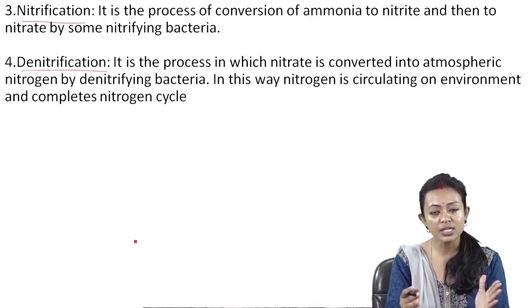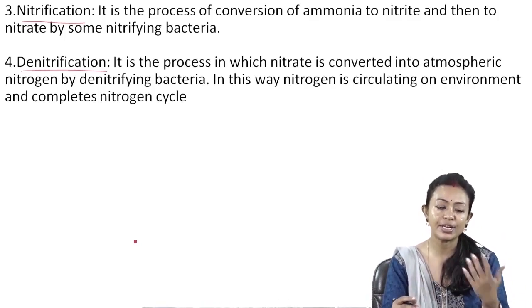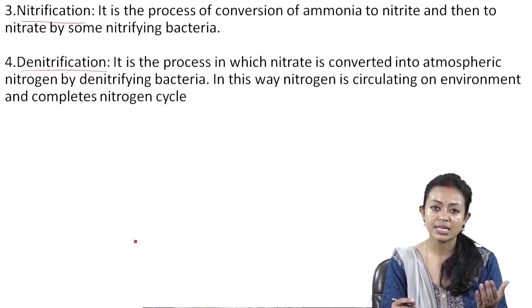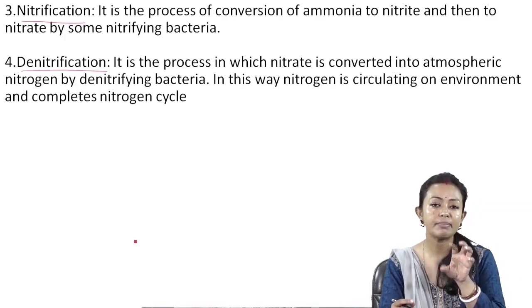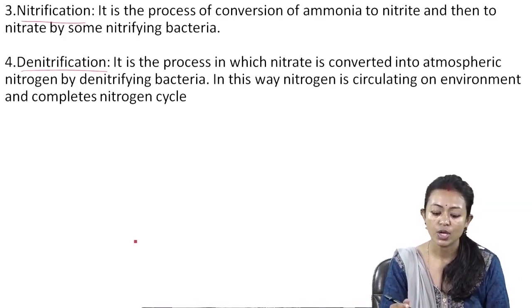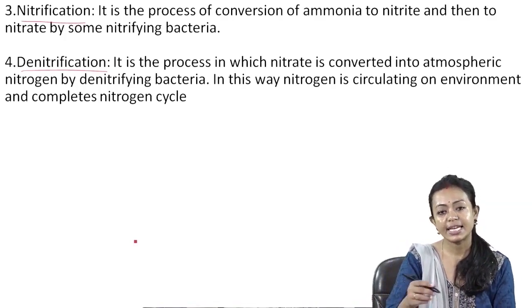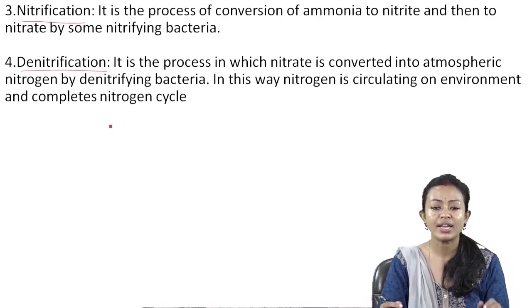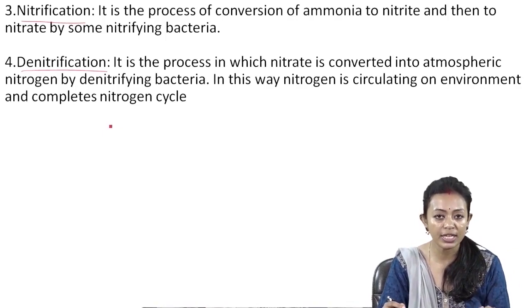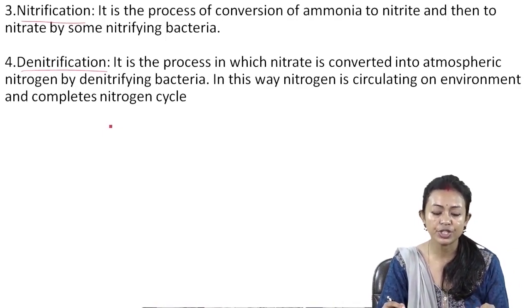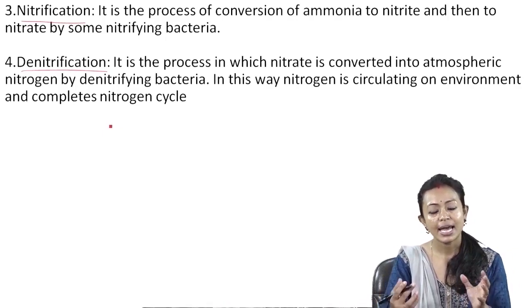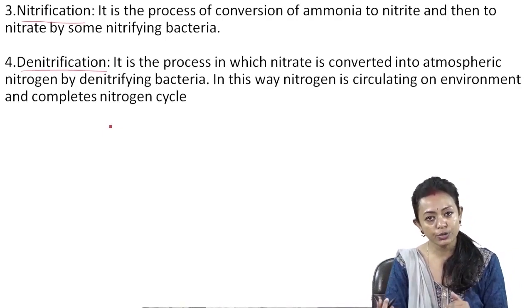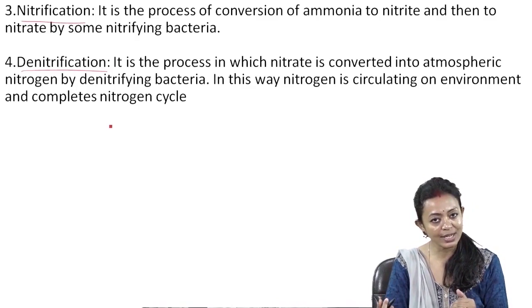So they free it, and this free nitrogen gas goes into the atmosphere and forms the main composition of the atmosphere. So we find that through these four processes of nitrogen fixation, ammonification, nitrification and denitrification, atmospheric nitrogen is converted into water-soluble nitrates and nitrites.